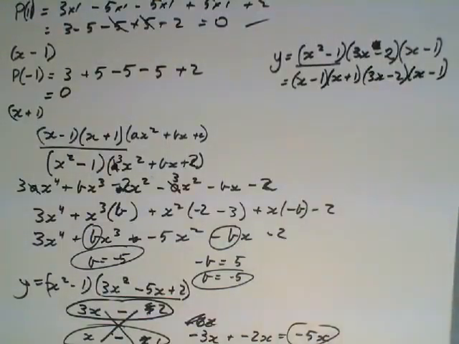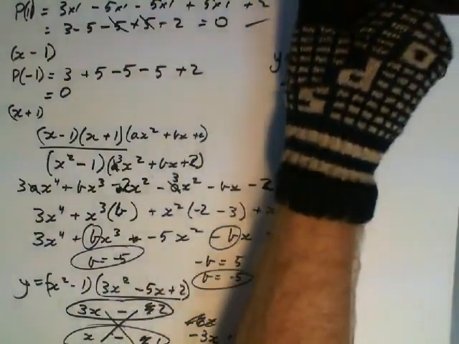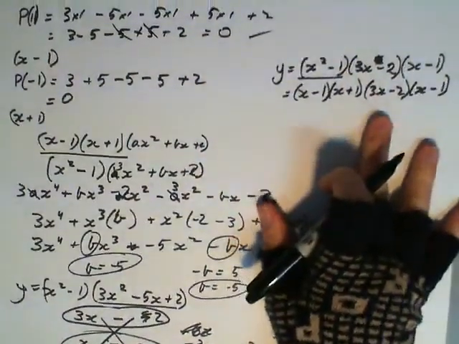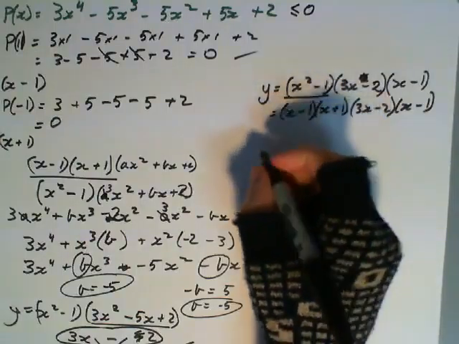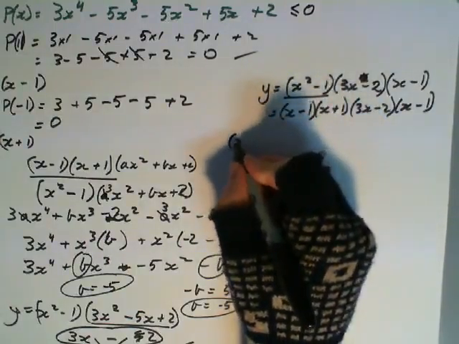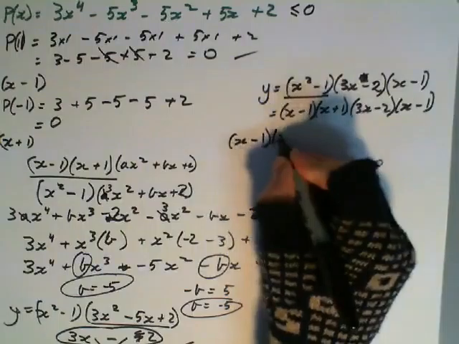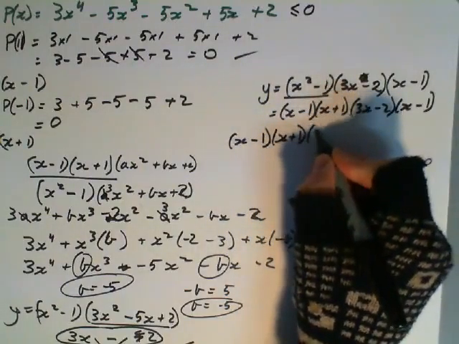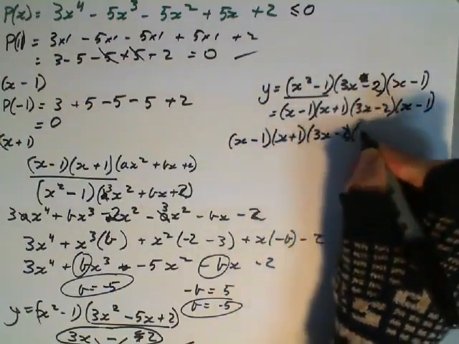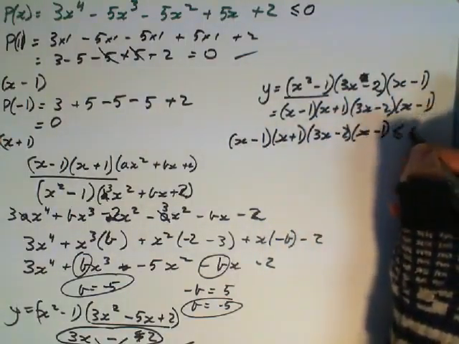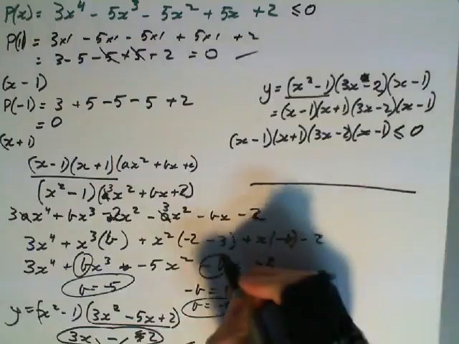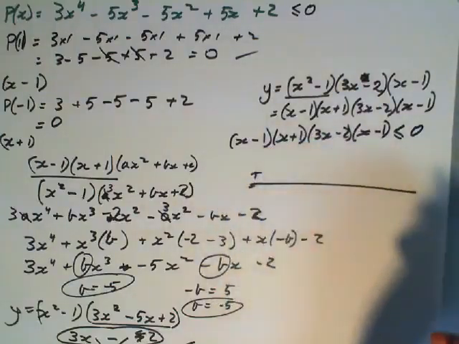Now, second part of the question says, hence solve the inequation p of x is less than or equal to 0. So what I can say is, okay, our equation, when is that less than 0? So that's using our sign diagrams. So we've got positive and negative.